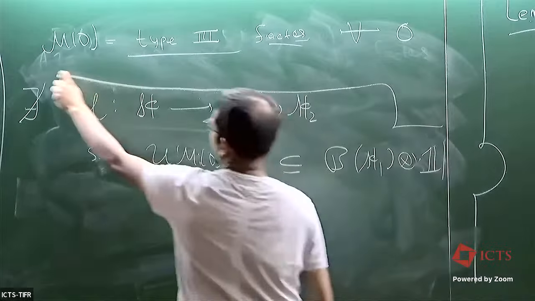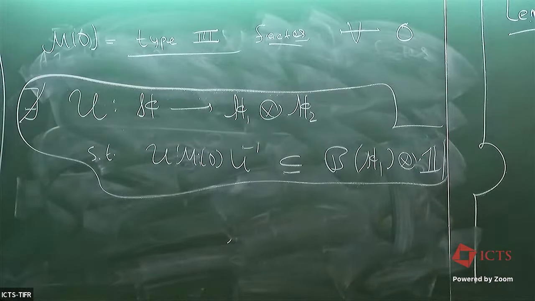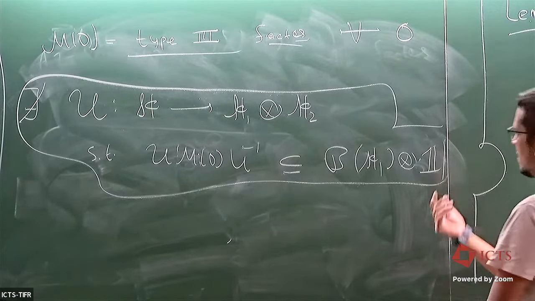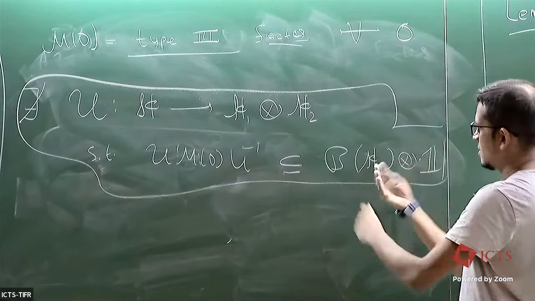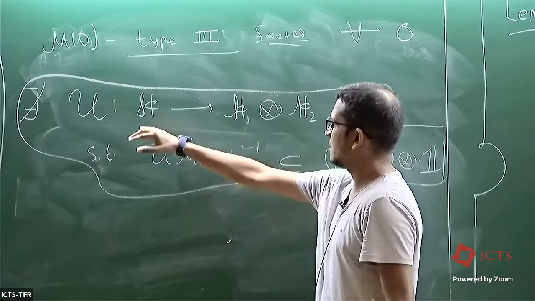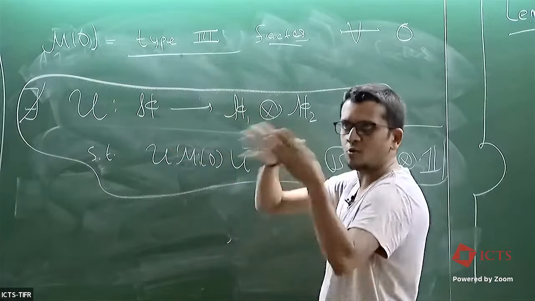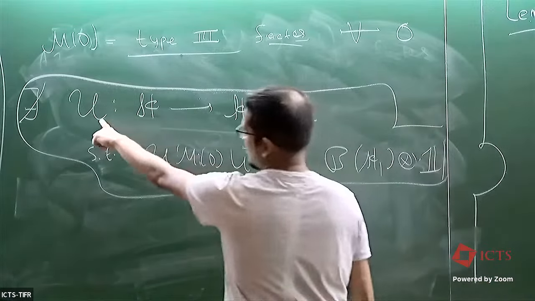So this is, I would say, the immediate physical outcome of saying it's a type 3 factor: we could never separately think of a Hilbert space. We could never factorize our Hilbert space into a localized Hilbert space and another one, such that this M_O only acts on the localized Hilbert space and nowhere else. So there doesn't exist any such unitary.